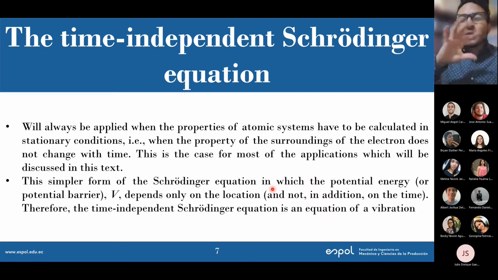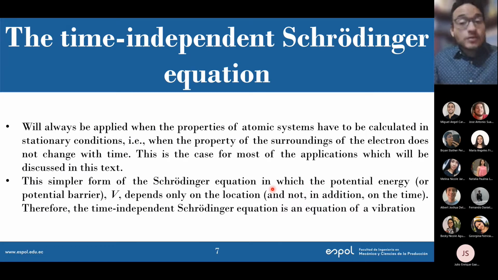So if we relate what the meaning of this equation is in terms of atoms or electrons, the time-independent Schrodinger equation is basically an equation of a vibration. It's basically describing a vibration.